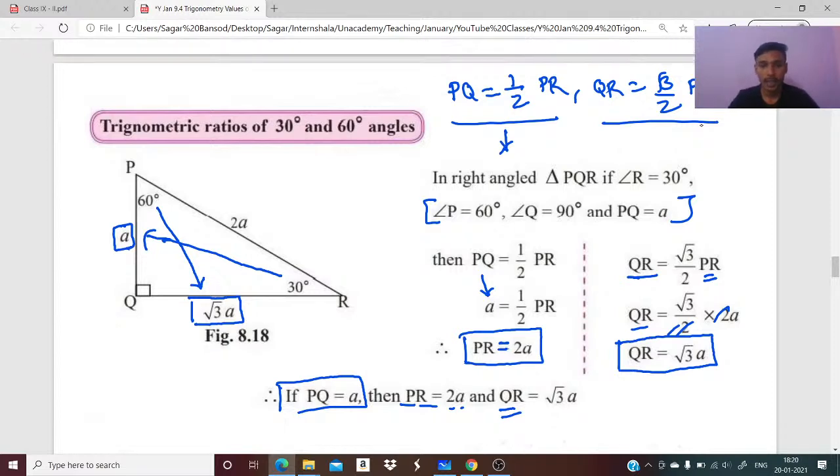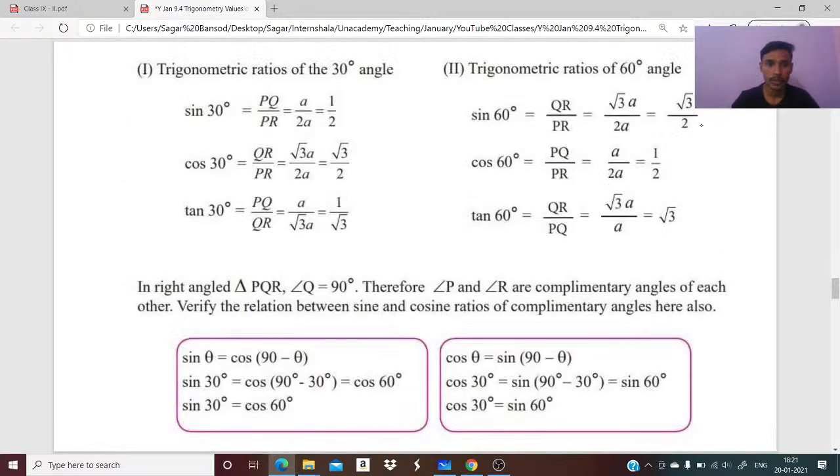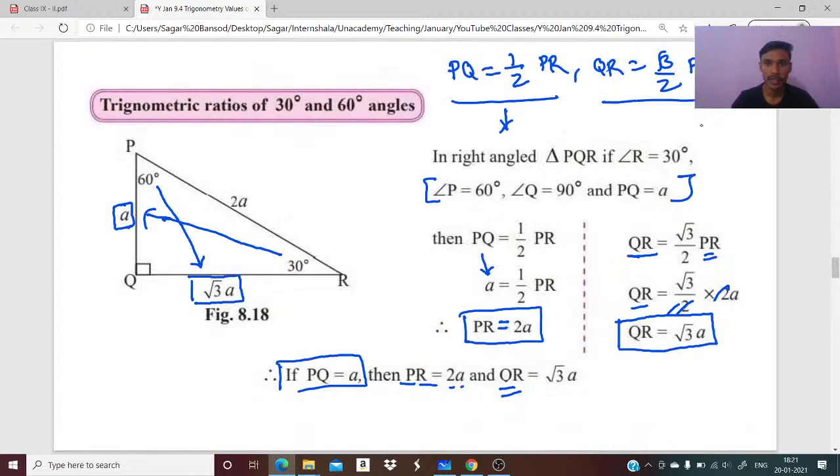Now let me show you the next slide. Let me draw here itself. Suppose I ask you to find out the sine, cos or tan ratio for 30 degree or 60 degree. I hope that you will be able to find it out.